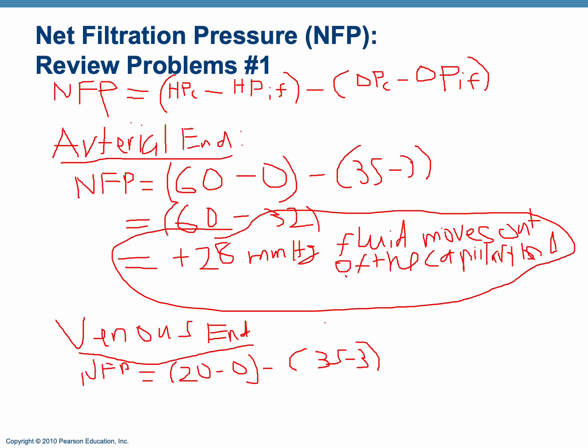Doing the math here, you should end up with 20 minus 32. And your final answer here should be negative 12 millimeters of mercury.